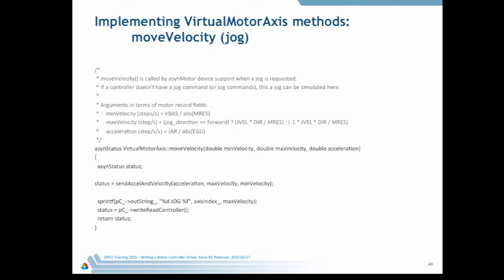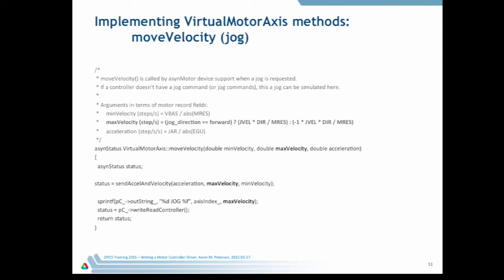The jog command is called move velocity, and the thing that you will notice here, broken slides, is that the max velocity, which is your jog velocity, is a signed number, and it's signed based on which button you press. So this signed max velocity is sent to the send accel and velocity command, and it is also sent to the jog command.